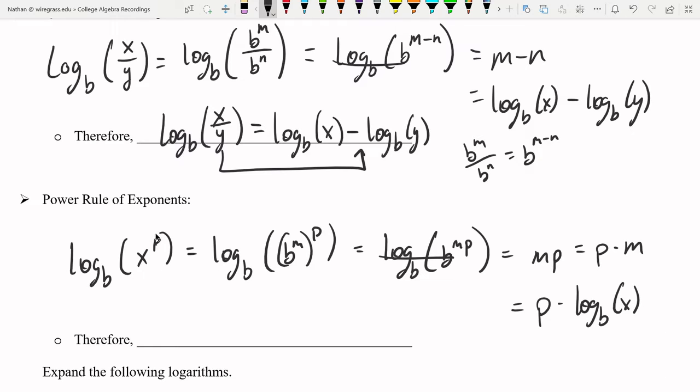And so what I've done here is I've moved the power out in front. Log base b of x to the p equals p times log base b of x. It's an interesting fact that you can just move the power in front of a logarithm. Any logarithm, any base, doesn't matter.